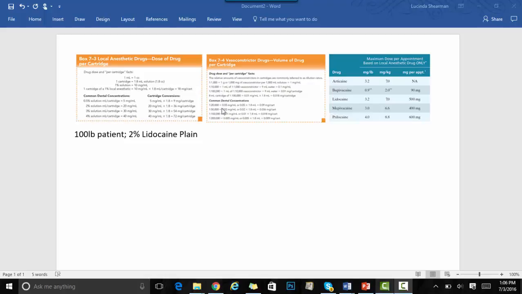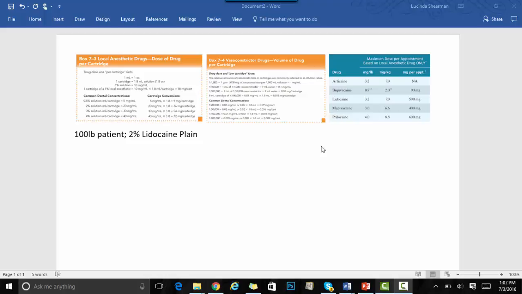And box 7.4 on page 93 is the volume of vasoconstrictor per cartridge based on the dilution ratio. The other table that will be important to know is 7.3 on page 93 that gives the maximum safe dosages of vasoconstrictor. This chart won't be provided, but it's pretty easy to memorize.